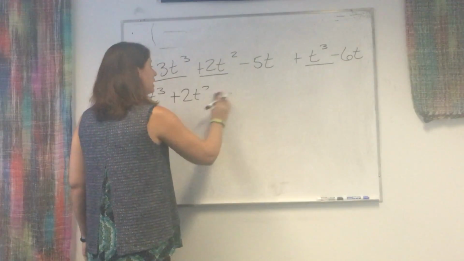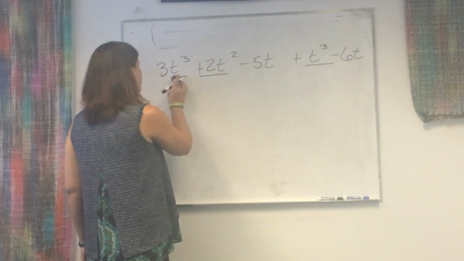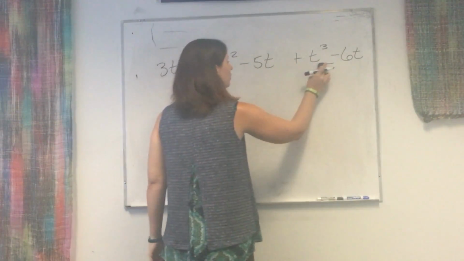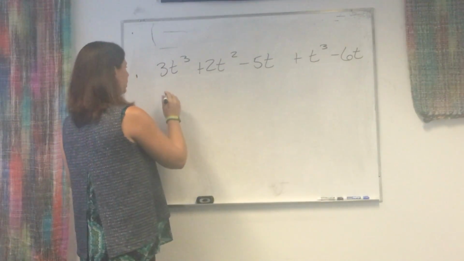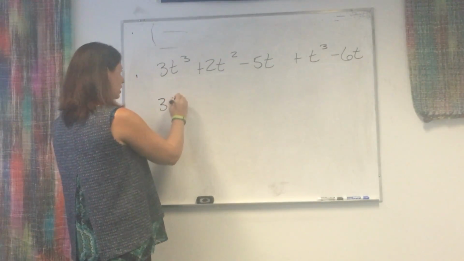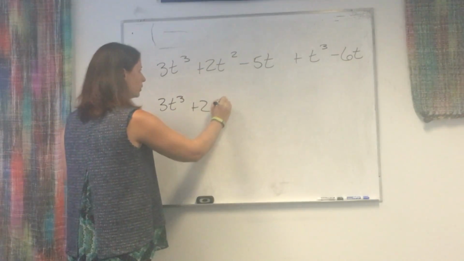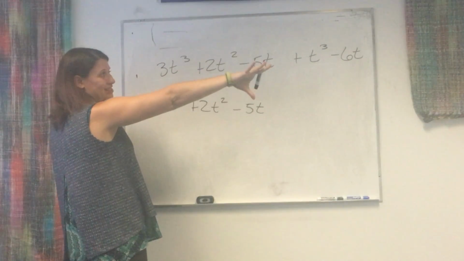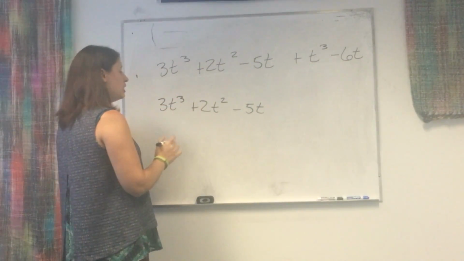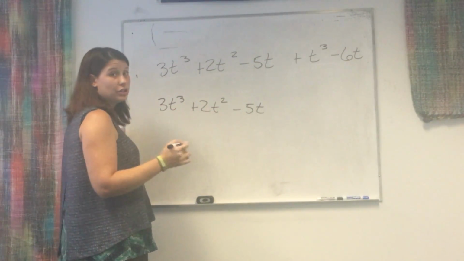Another way is in how you write it out from the very beginning, okay? So from here, we would change how we write this. We would write it as 3t cubed plus 2t squared minus 5t. And then instead of writing it next to it, we would write it underneath and line up the like terms.